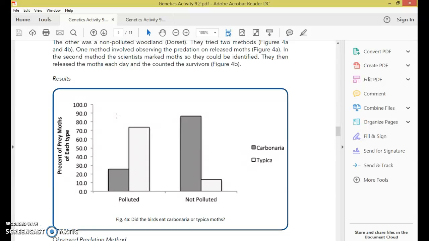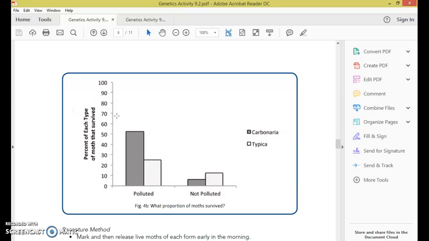In the evidence column, you need to have something like, the data show that a larger proportion of typica moths were eaten in the polluted areas, and more carbonaria were eaten when there was less pollution, and also that a greater proportion of carbonaria survived in the polluted areas, and more typica survived where there was less pollution.